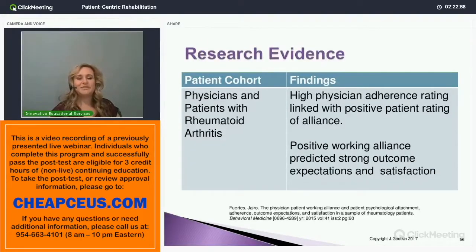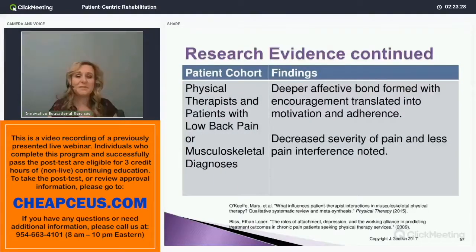What does the research say about this connection? Well, they've looked at it, and they found that looking at physicians and patients who had rheumatoid arthritis, when the physician said these patients are adhering, they have a high positive scale, that those were also correlated with the same patient saying, yes, I have a strong alliance with this physician. So they saw that because of the subjective being high, the objective participation was also high.